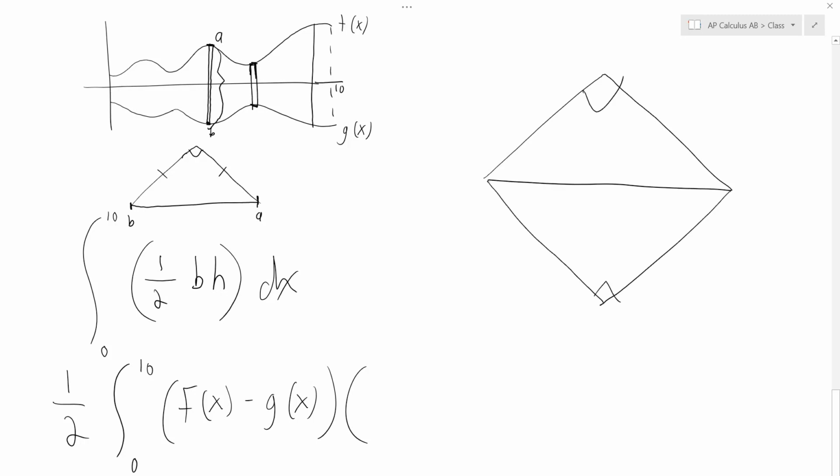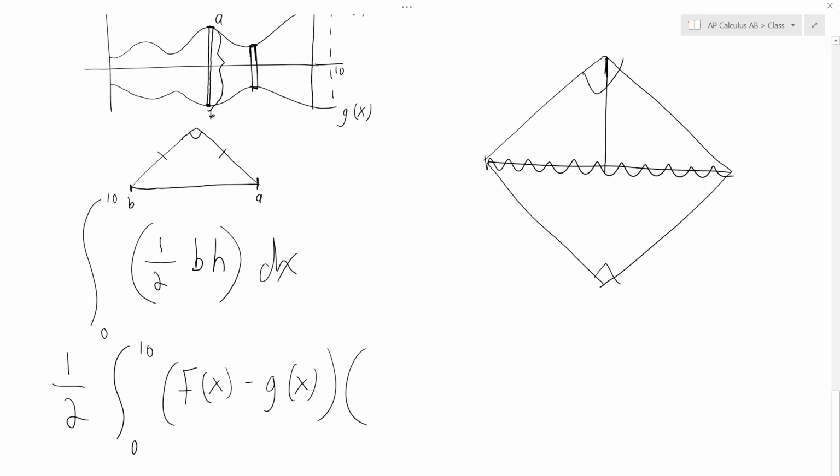A square. And this is the diagonal of that square, true? So guess what this is? Half of the diagonal. Yes? Half the diagonal. So it turns out the height is just half the base. So the height is 1/2 f of x minus g of x, dx.